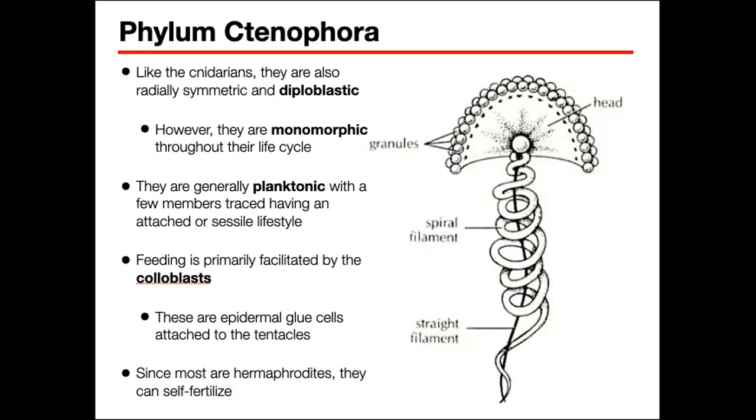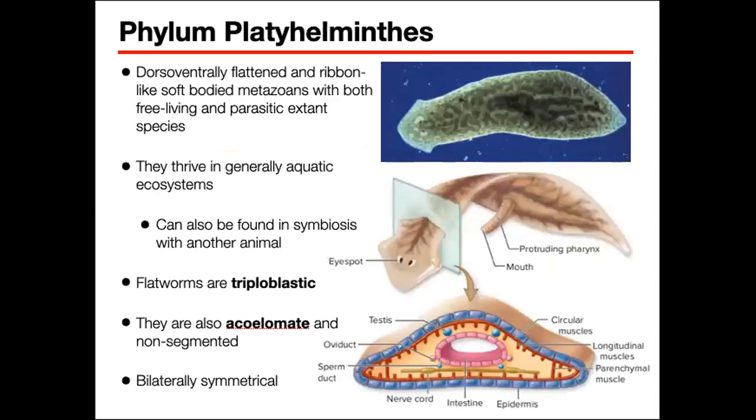We also have Platyhelminthes, or more commonly known as the flatworms. They are dorso-ventrally flattened, ribbon-like metazoans, and they can be either free-living or parasitic. So many of these organisms are actually a threat to public health because, say for example, yung tawag dyan, later on, yung bulate ng mga bata are actually that of under Platyhelminthes.